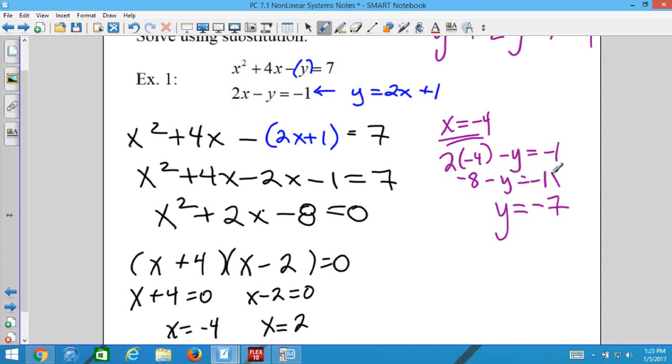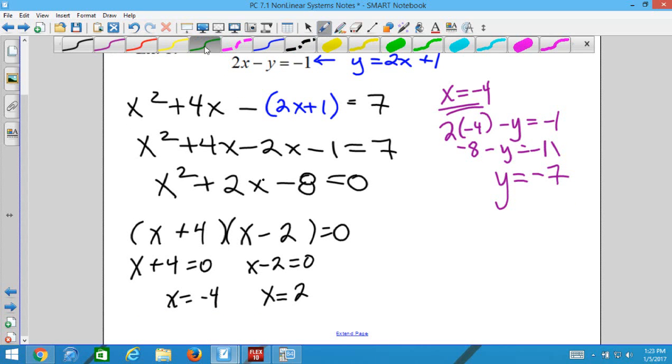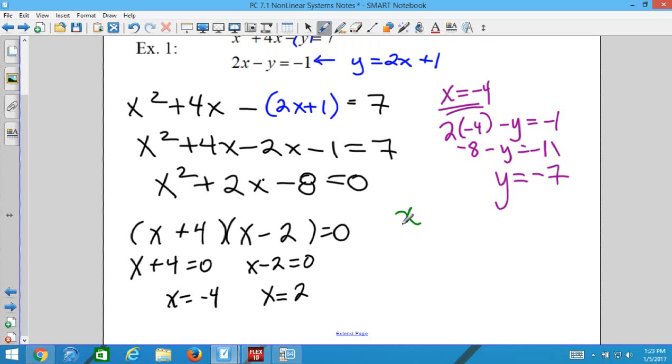So one of my ordered pairs will be -4, -7. I'll write it in a moment. The other one is x equals 2. Substitute that back in. And I get y equals 5.